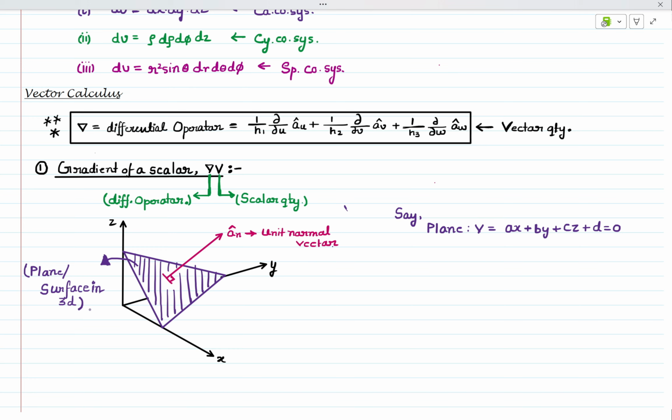Okay, this plane V is a scalar quantity, right?